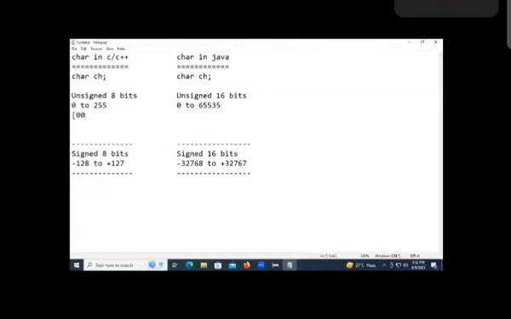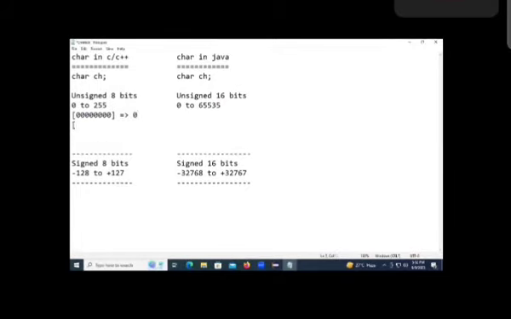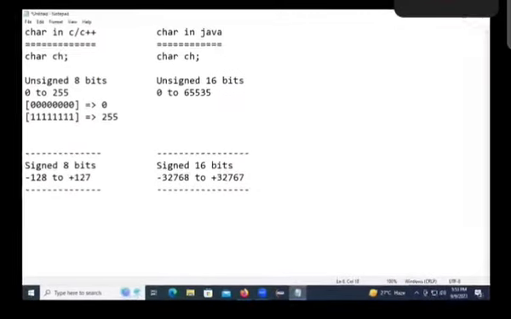So this is your 0, all the 8 bits are 0. And when all the 8 bits are 1, it is your 255. Yesterday, in the last class, we discussed that 7 ones are 127. This is 2 to the power 7, which is 128. 128 plus 127 is 255.